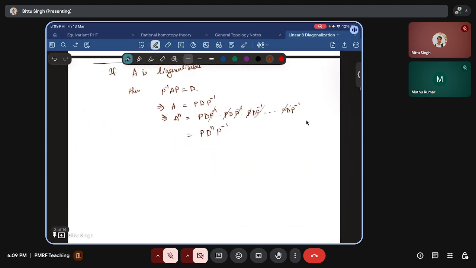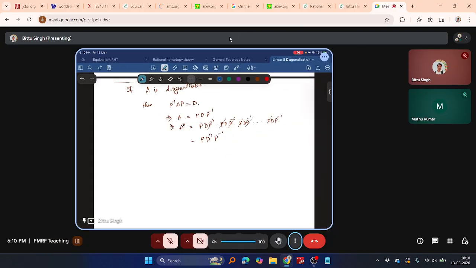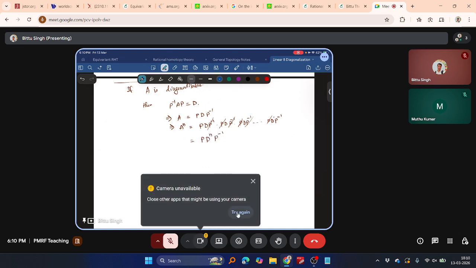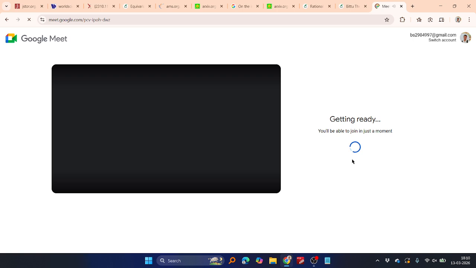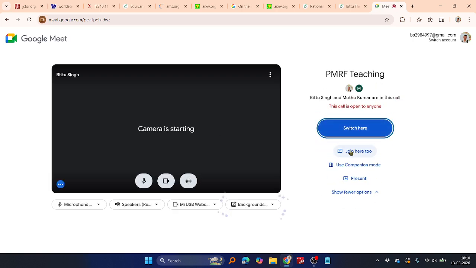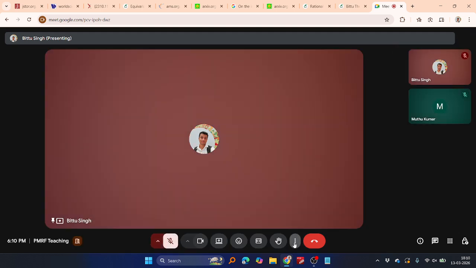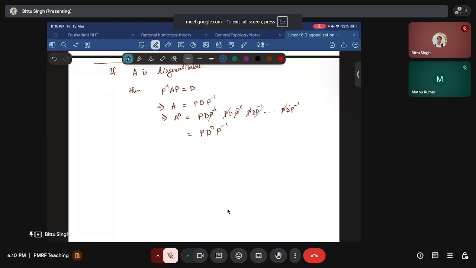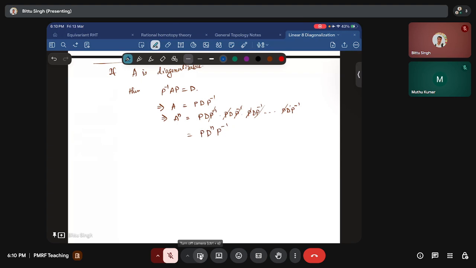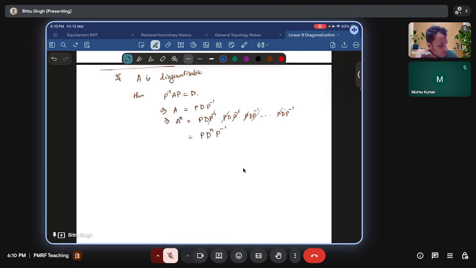Okay. So let us see an example of how we can easily compute a matrix exponential if we know it is diagonalizable.